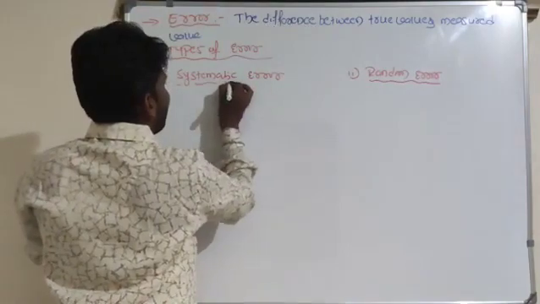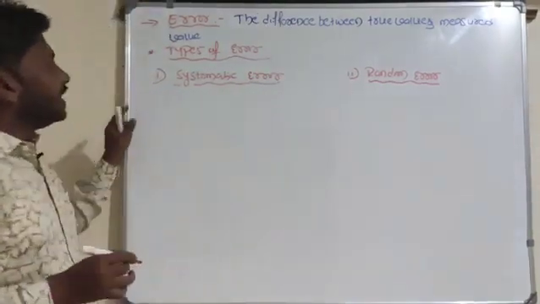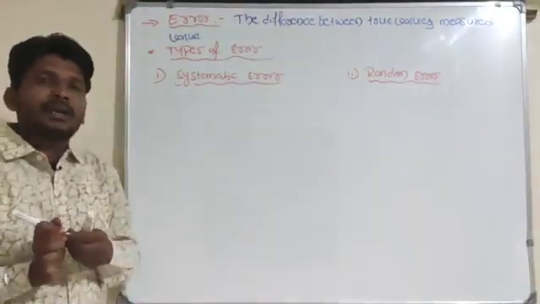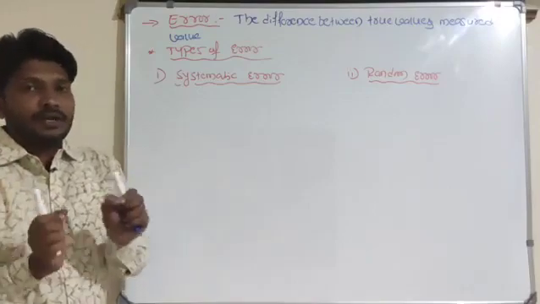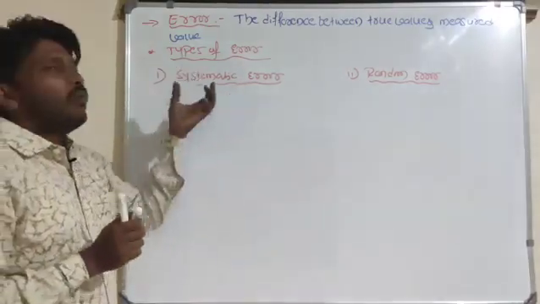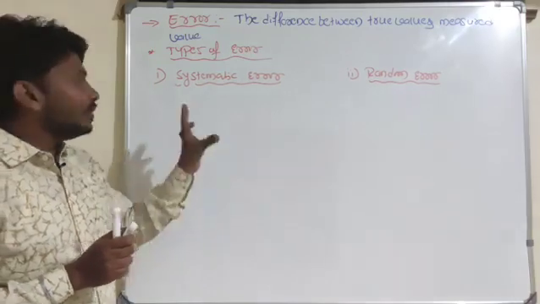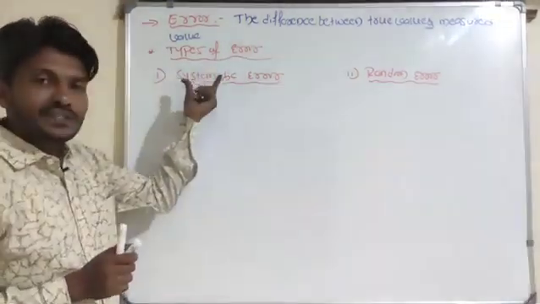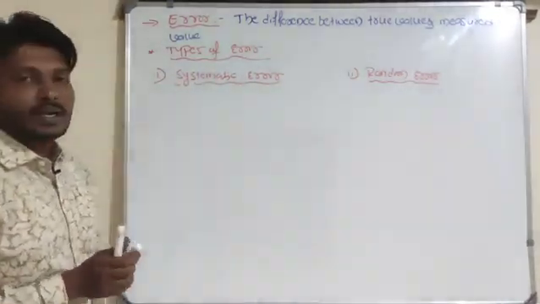Now we will understand systematic error. Systematic error means errors due to definite reasons, so we know why the errors occur. That kind of error I take as systematic error. So what is systematic error?